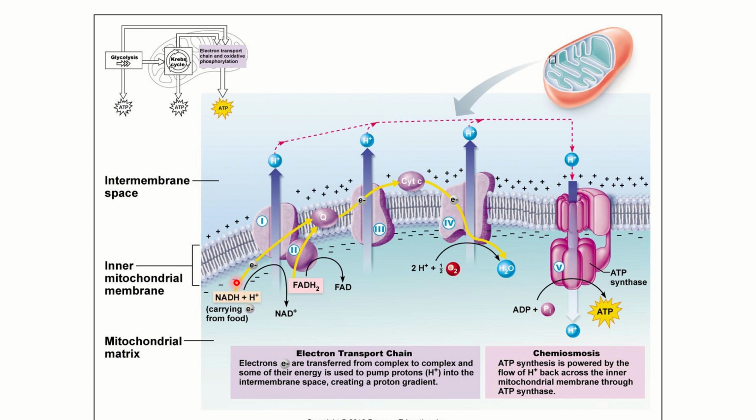The hydrogen atoms actually get pumped into the intermembrane space, whereas the electrons that you see here are actually stripped from that hydrogen atom, and they are transported by these enzymes that you see within that inner mitochondrial membrane. Again, that's what makes this the electron transport chain.